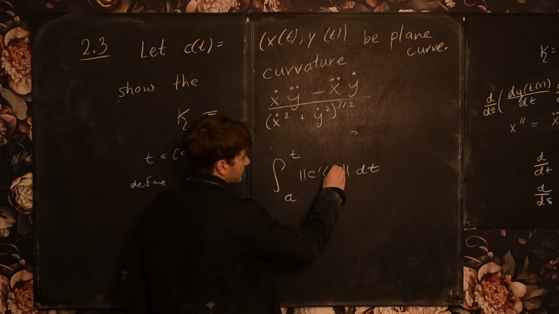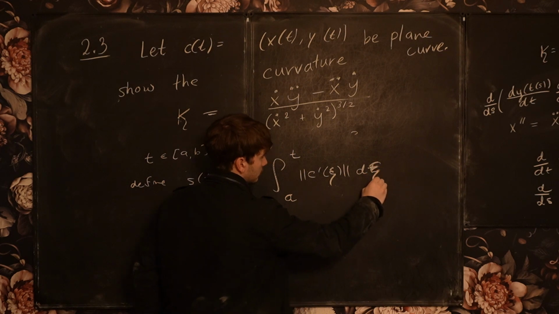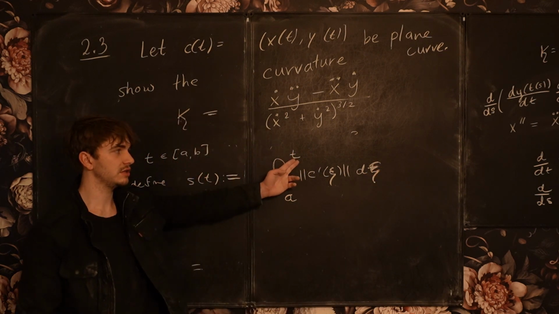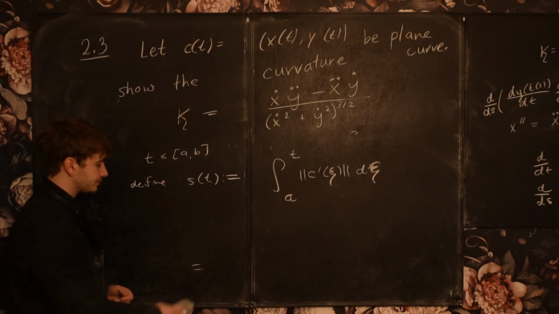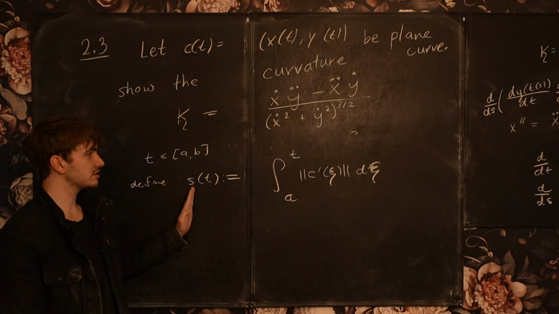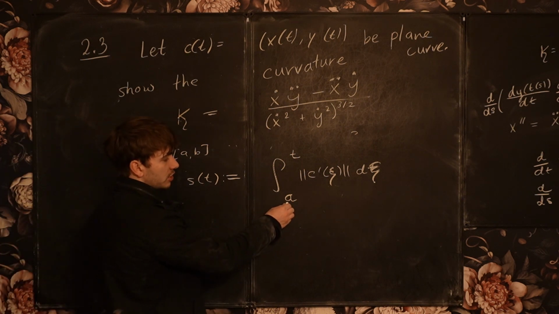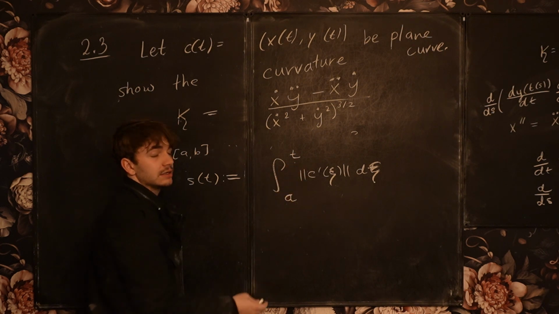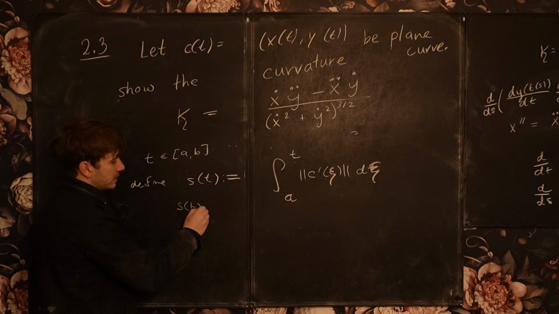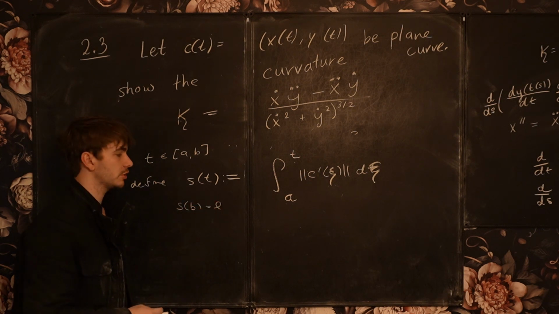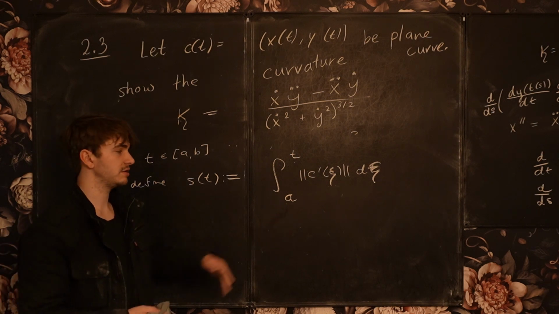I should use maybe another variable here, just because I'm using t in the bound of the integral. So this is going to be the cumulative arc length of the curve from a to t. Okay, and so for example, s of b is equal to L, which is the total length of the curve. Okay, this is some sort of cumulative length of the curve from a to t.